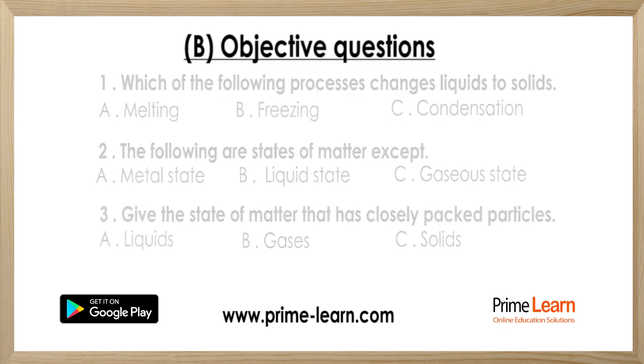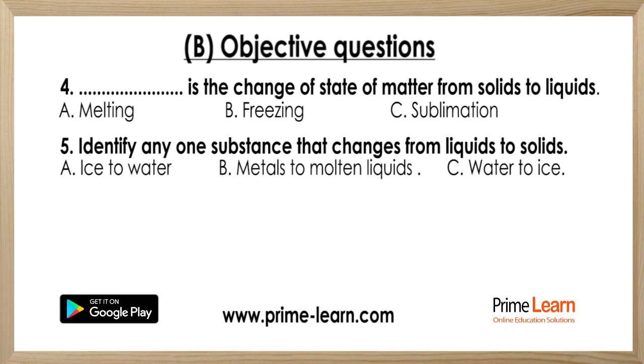Let us go to question number 4. Question number 4 goes, dash is the change of state from solids to liquids. I repeat, dash is the change of state from solids to liquids. How do we call that state by which solids change to liquids?